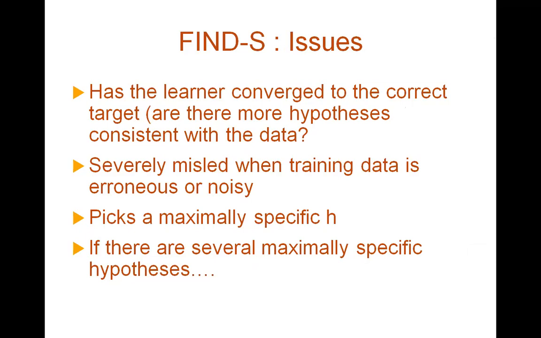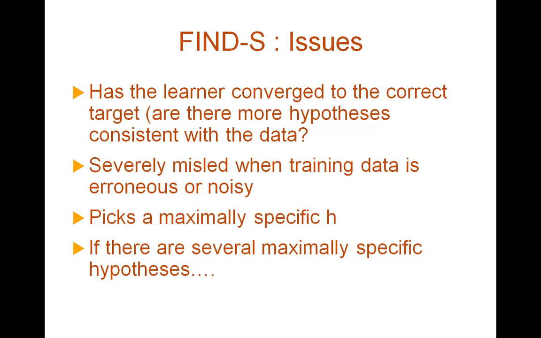One thing is not sure in Find-S: whether you have got the correct hypothesis or not. That is, whether the final hypothesis covers all the examples is not clear. And if the data is noisy or has errors, then again Find-S will not work.